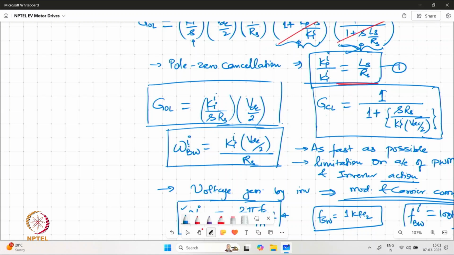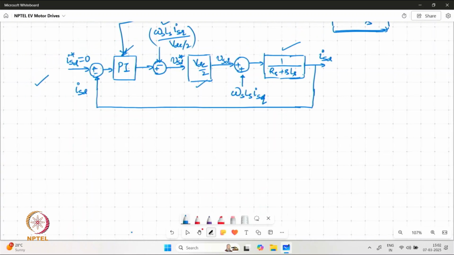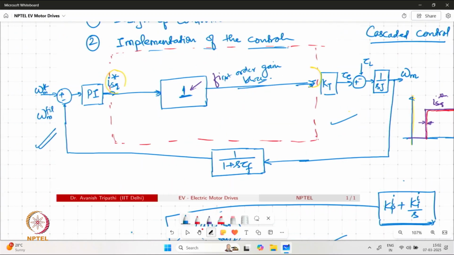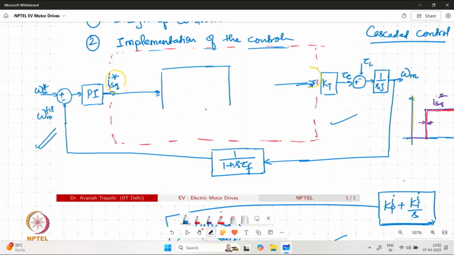Say this is the bandwidth we are maintaining, and the corresponding time constant can be defined as tau I, which is 1 by omega I. So tau I can simply be written as 10 divided by 2 pi fsw, which is the inverse of omega I. So this current control loop in the complete structure can now be simplified, and it can be written as follows.